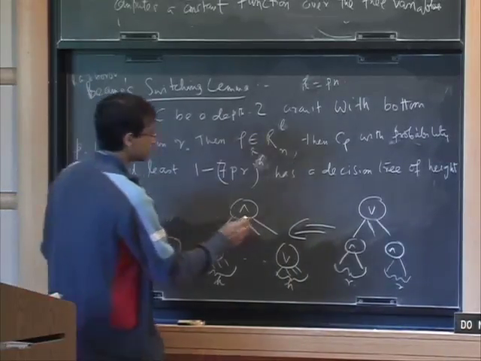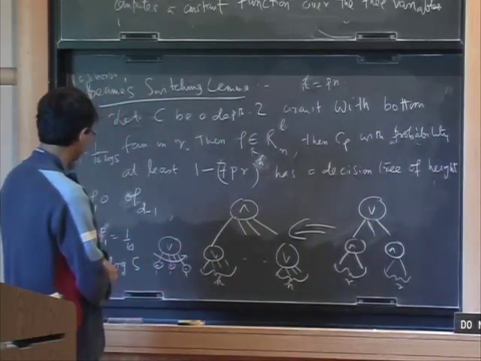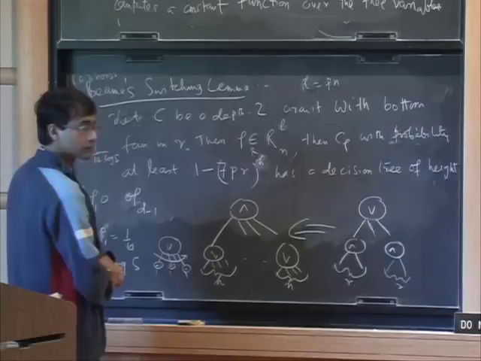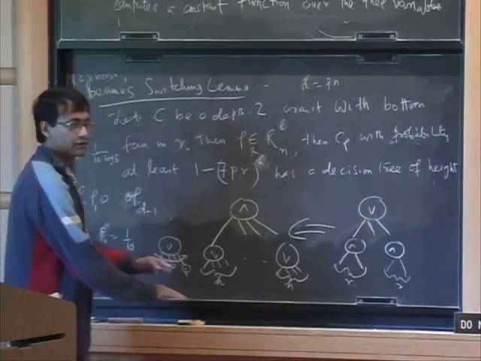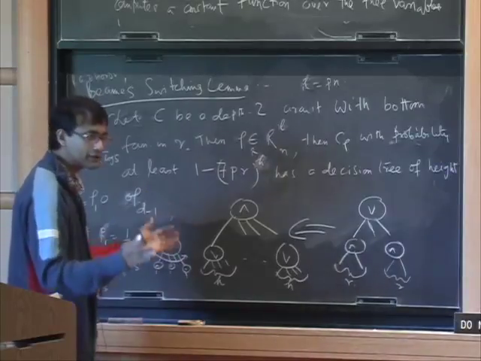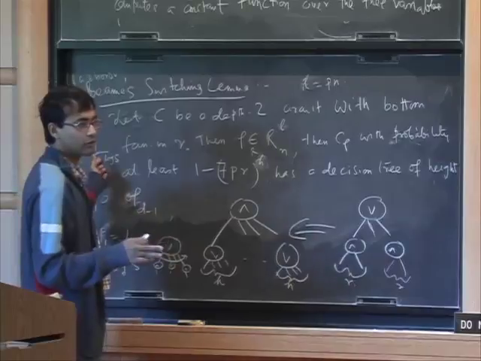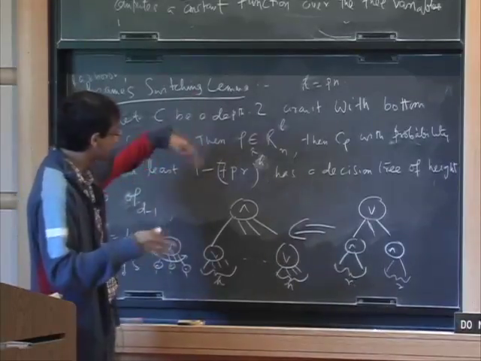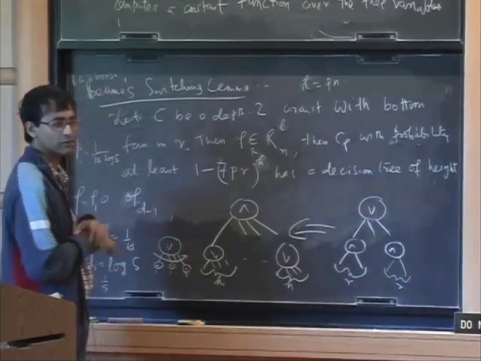Well, first I set P1 equals 1 over 14 to handle the bottommost layer. Then I've got a decision tree of height log of s, but generally P will be 1 over 14 log of s, and h thereafter stays log of s.